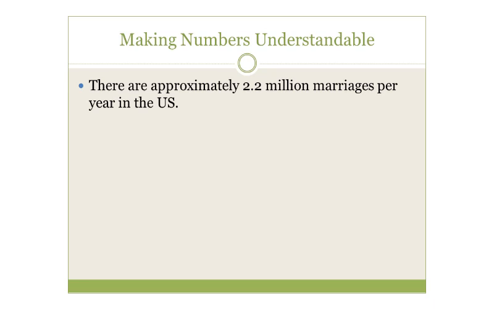So we know that there's approximately 2.2 million marriages per year in the U.S. Let's take a look at how many marriages per day there are. So 2.2 times 10 to the 6th over 1 year.